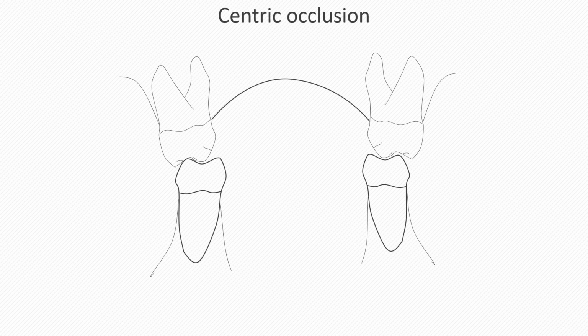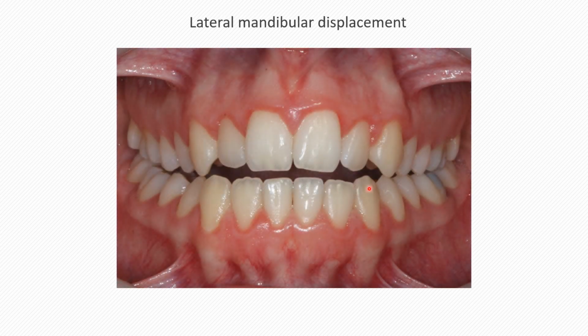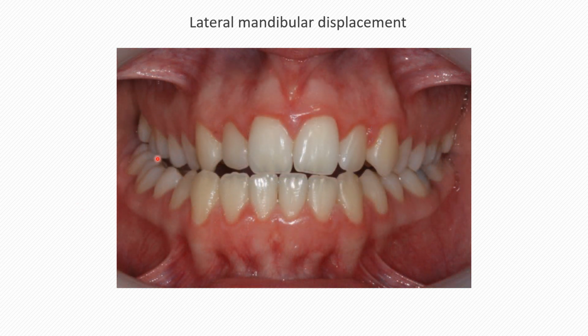But when there is incisor or occlusal interference, the mandible may be displaced laterally during the path of closure, and this causes what is called here the posterior crossbite, because the occlusal interference forces the mandible to deviate, shift or displace laterally and cause a crossbite.